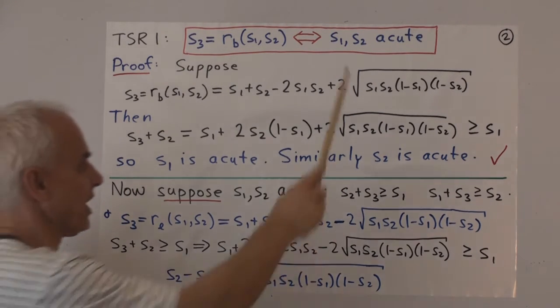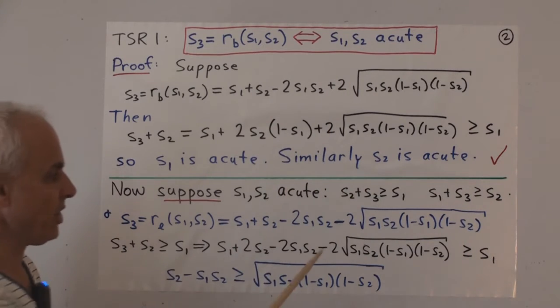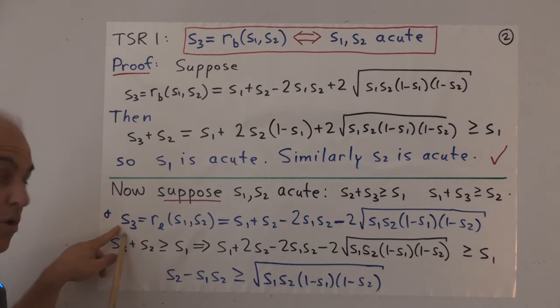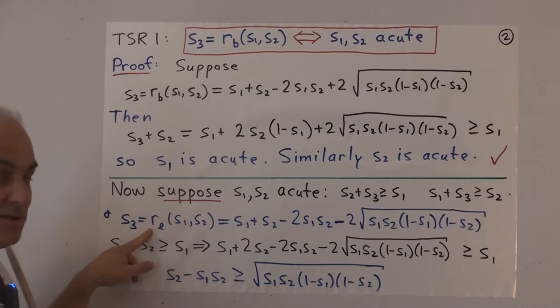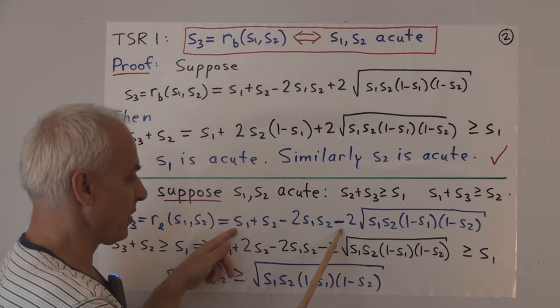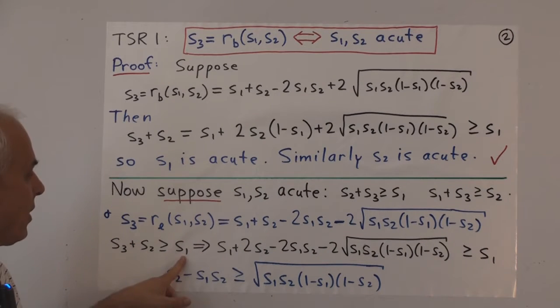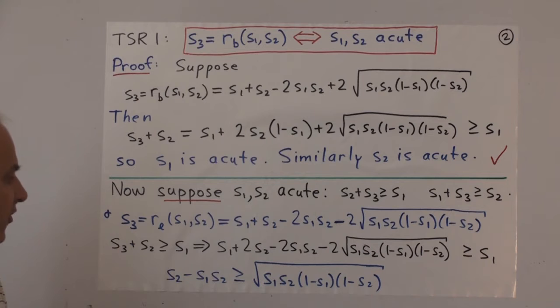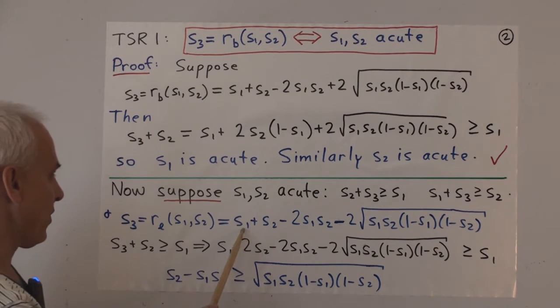Now conversely, suppose that S1 and S2 are acute, so we know these two relations. And let's suppose that S3 is actually the little solution. So we want to prove that's wrong. So there's the little solution with a negative sign there. And now we look at S3 plus S2 bigger than or equal to S1. That, we know, is true because S1 is acute. So there's S3.